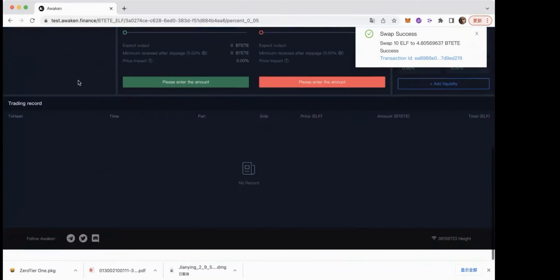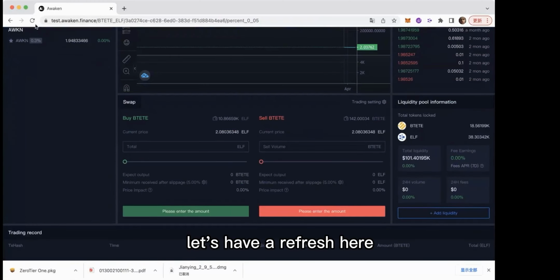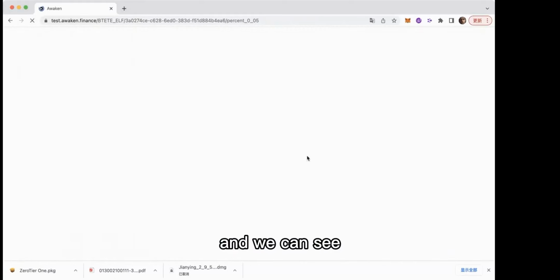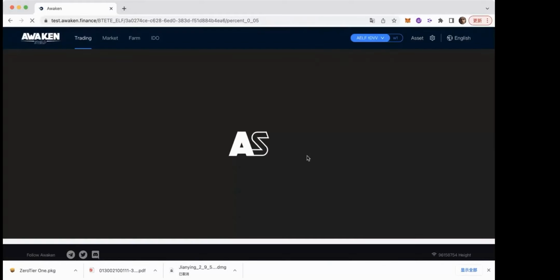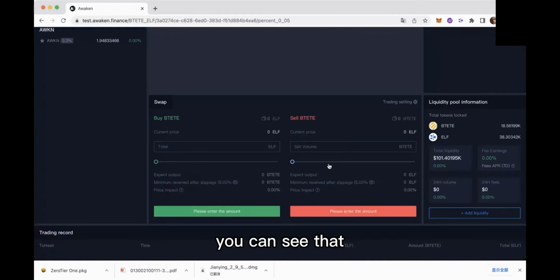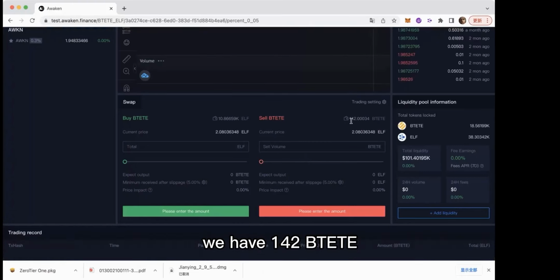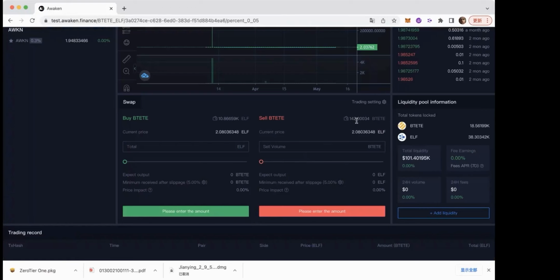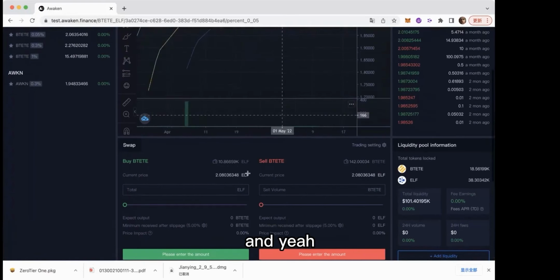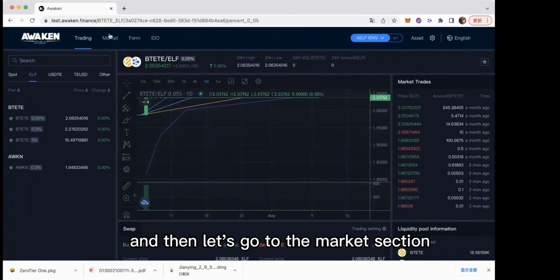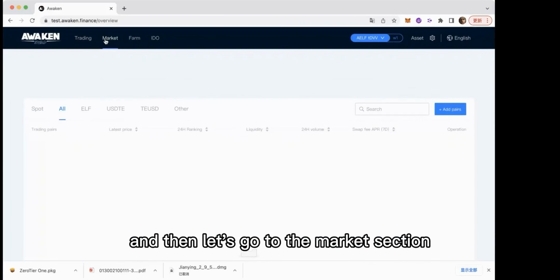And then let's have a refresh here. And you can see that we have 142 BTT. And then let's go to the market section.